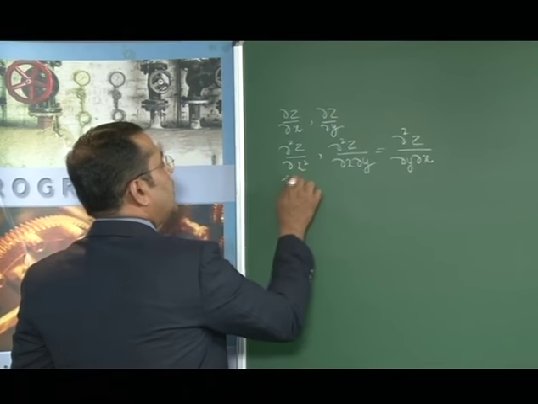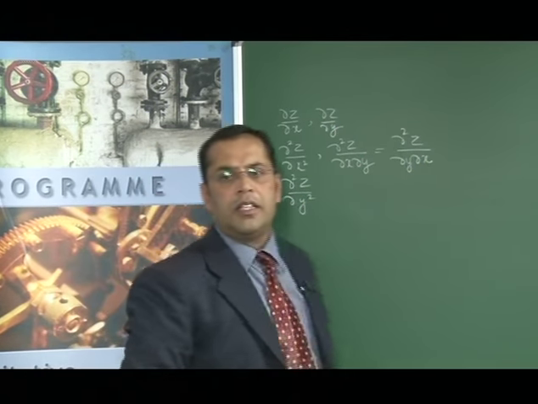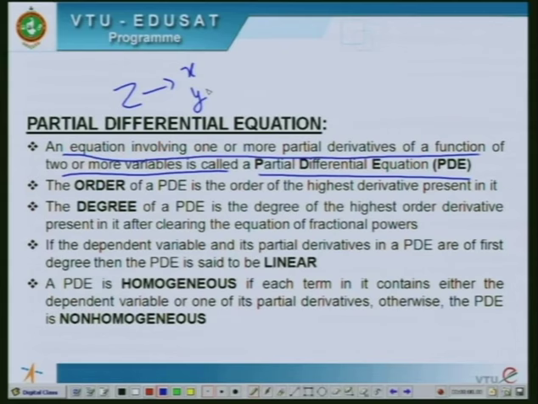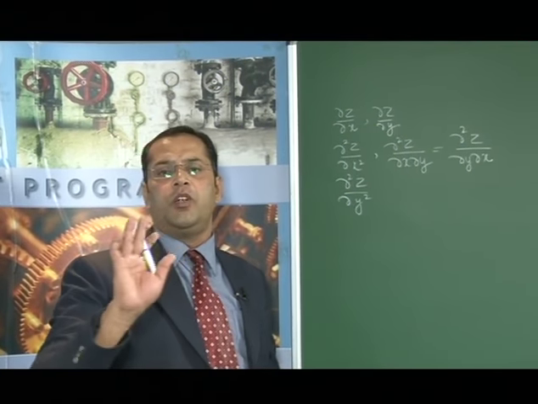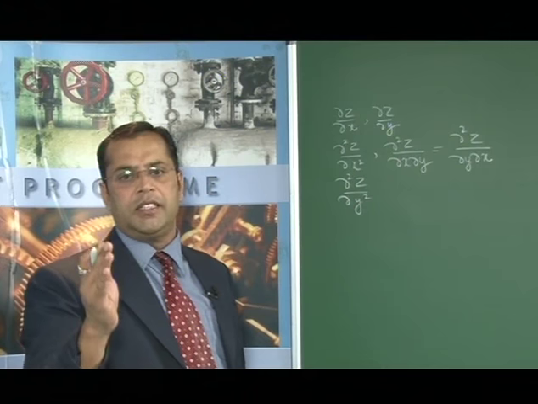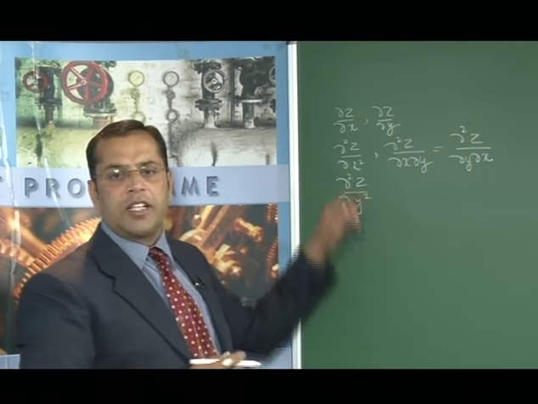And finally the partial derivative ∂²z/∂y², which is the differentiation of z two times with respect to the variable y. Our syllabus is restricted up to the second order derivative. So, we will be looking into examples where we form PDEs containing derivatives of maximum second order.